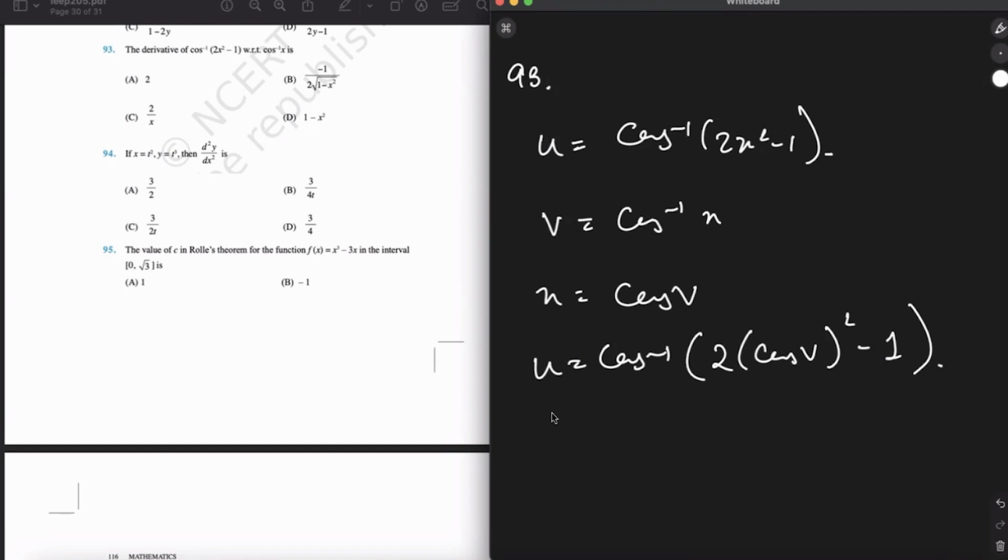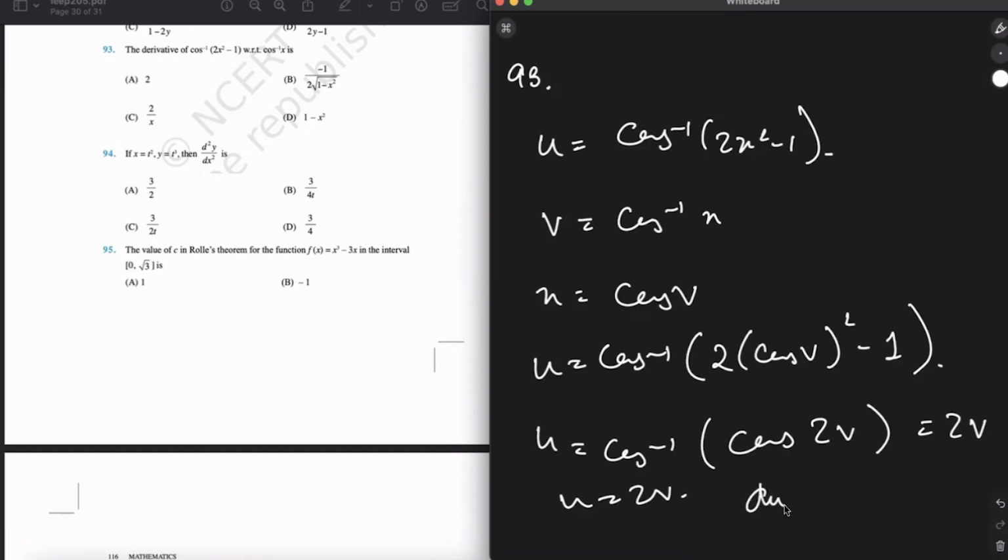Now I can write u is equal to cos inverse of 2 times cos square v minus 1. This is nothing but cos 2v. So I'll be left with 2v, so u is equal to 2v. And we have to find du by dv. Just differentiating, I'll be left with a 2. Alright, so this is your answer.